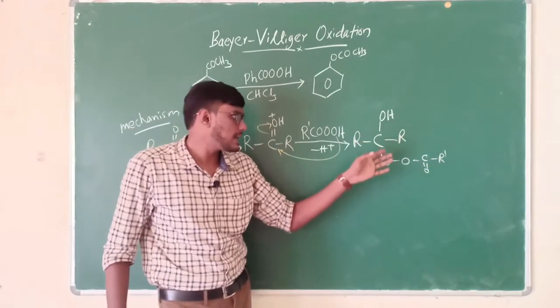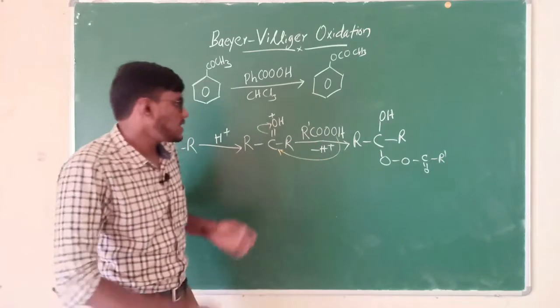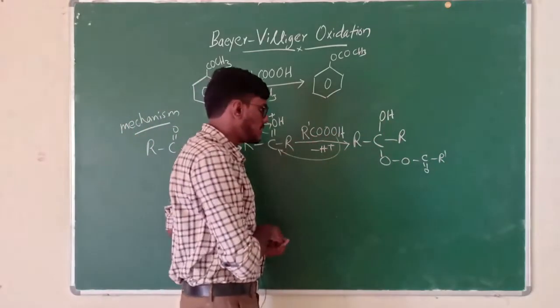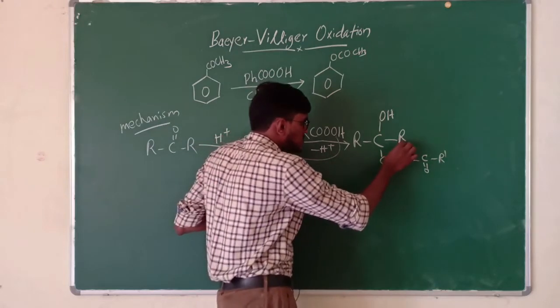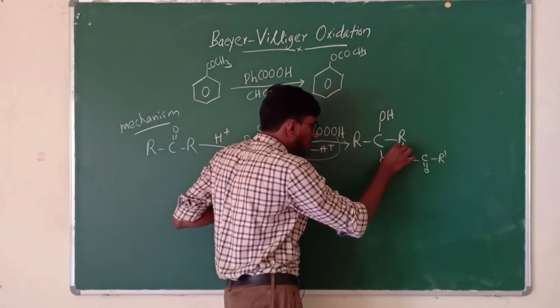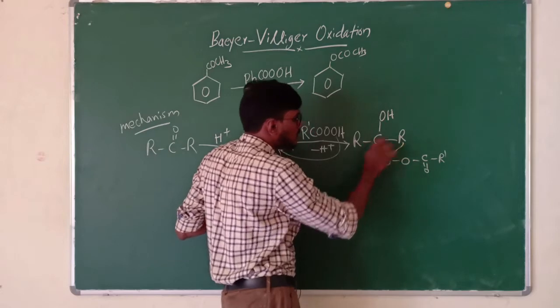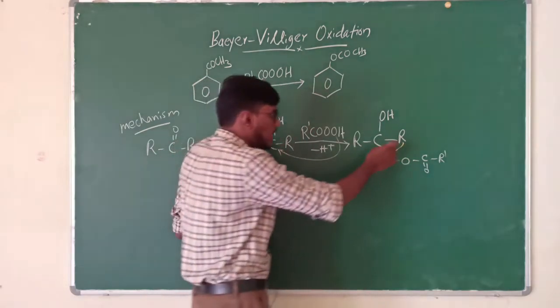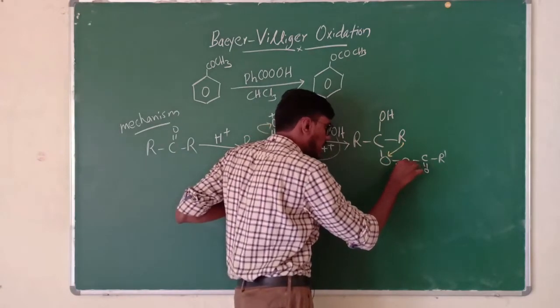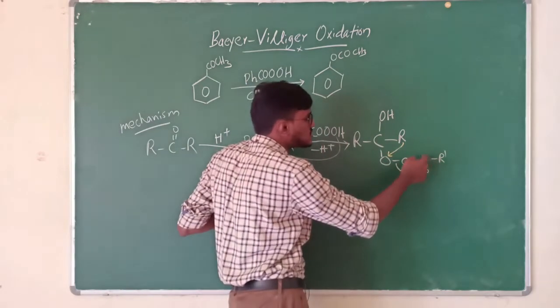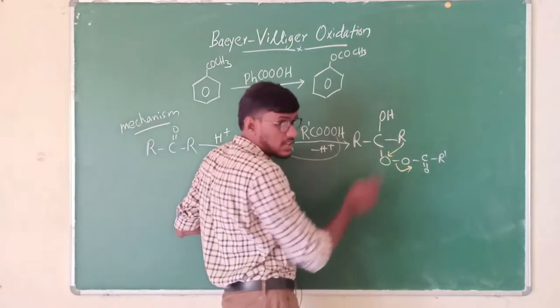Here a tetrahedral intermediate forms, and in this tetrahedral intermediate consider a concerted reaction, that is the migration of one of the alkyl groups, depending upon the migrating aptitude, towards this oxygen, and the carboxylate ion R dash COO minus leaves from here.